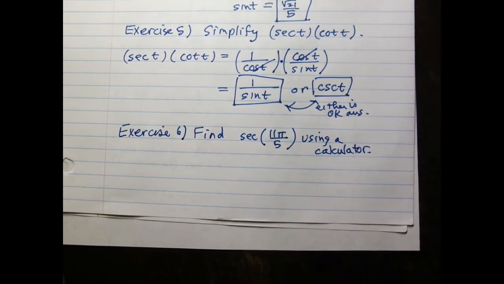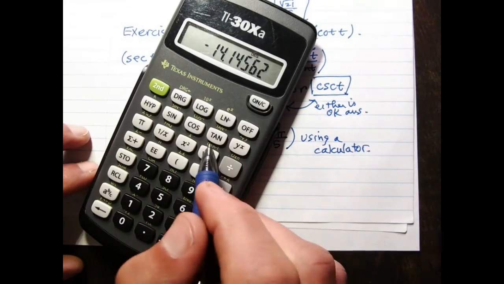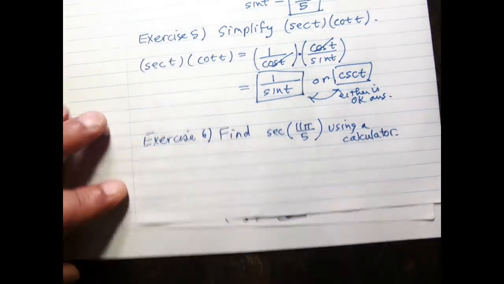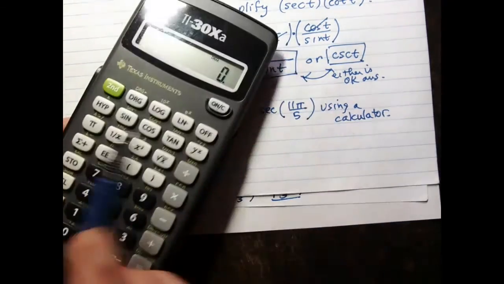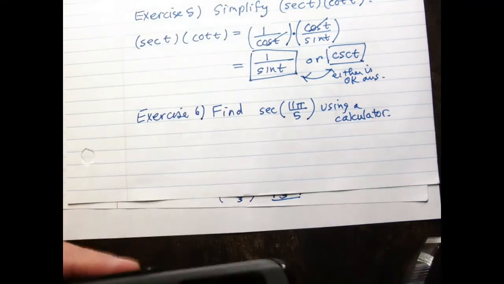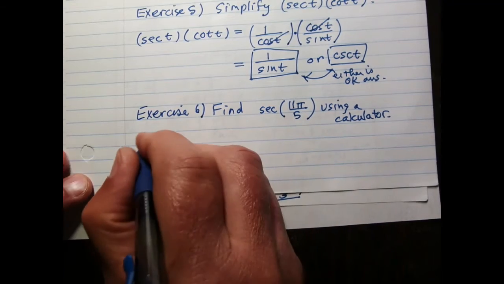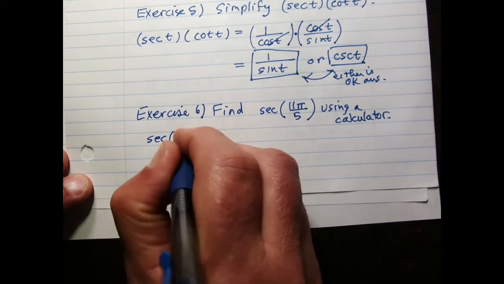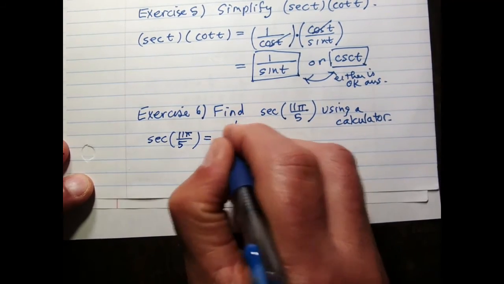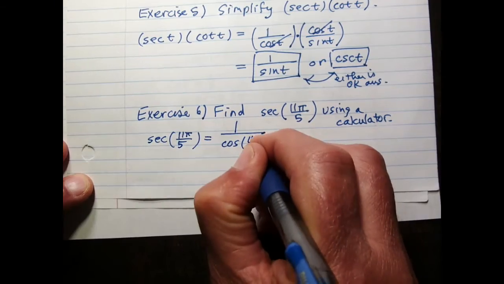Now, most calculators do not have a secant button. I guess some fancy computerized things might, but you don't need a secant button, right? All I have are sine, cosine, tangent on my basic scientific calculator. So we can use the fact that this is 1 over cosine of 11 pi over 5.